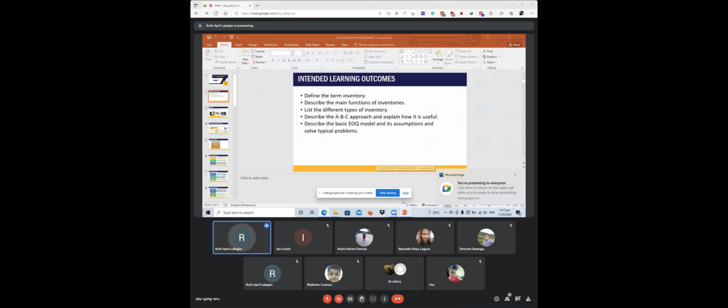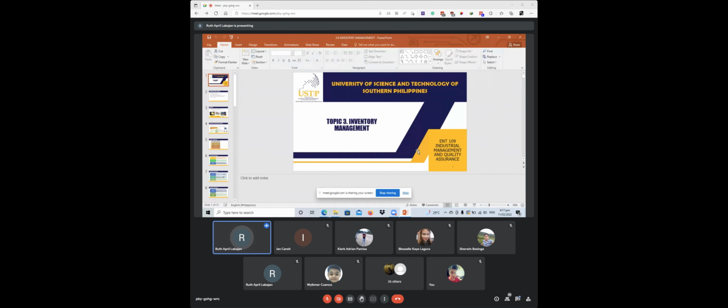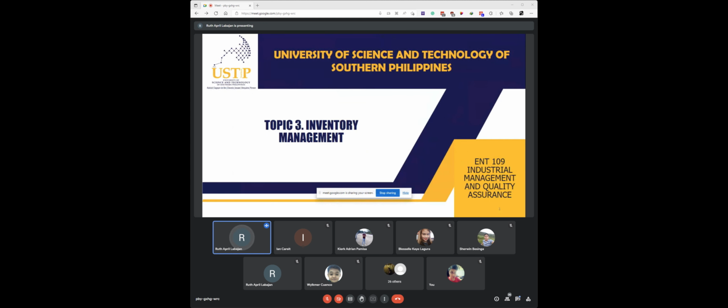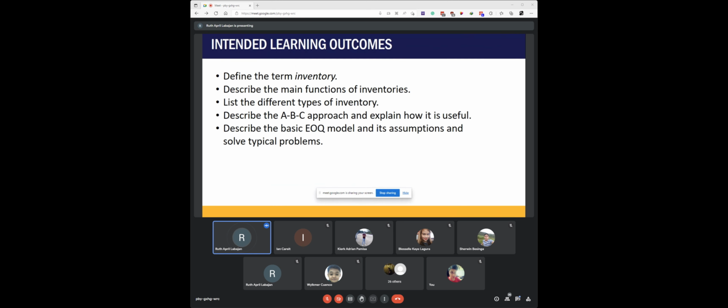Okay. So for this afternoon, I'm gonna discuss about inventory management. This is actually the third topic for this course. Let me start with the objectives of this topic. First, we wanted to define the term inventory. Then we wanted to describe the different functions of inventory, the different types of it.